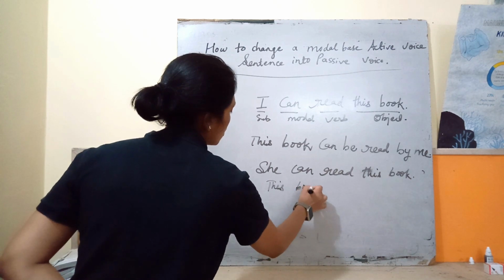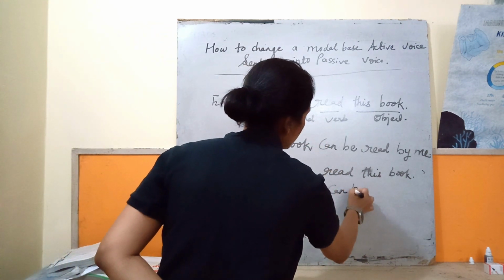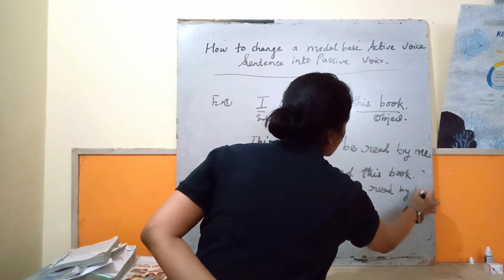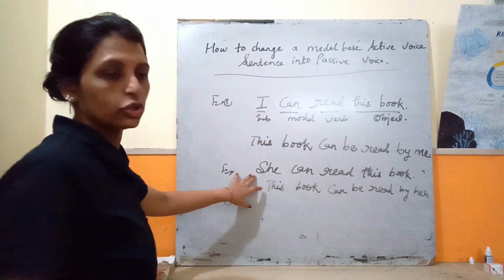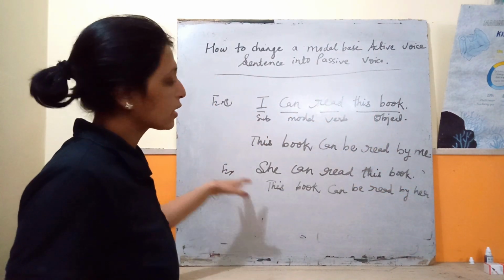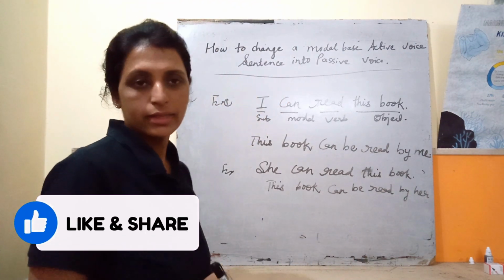This book can be read by her. The pronoun she changes to her. Like, Sita can read this book. This book can be read by Sita.